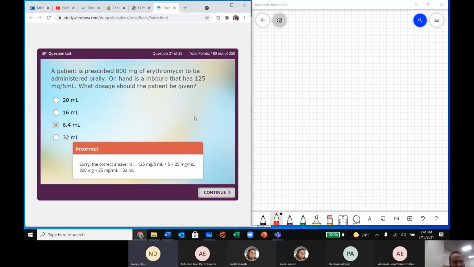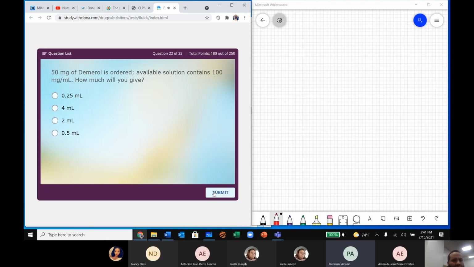No, that's wrong. It's 32. You need to divide 800 by 125 and then multiply by 5. Okay, I got it, Professor. Got it now? Yes, Professor, we got it now. Perfect.